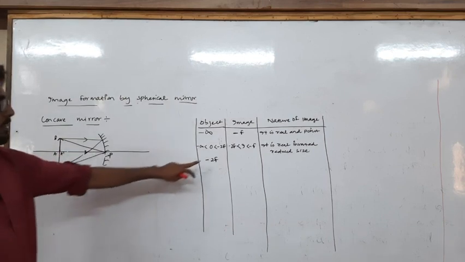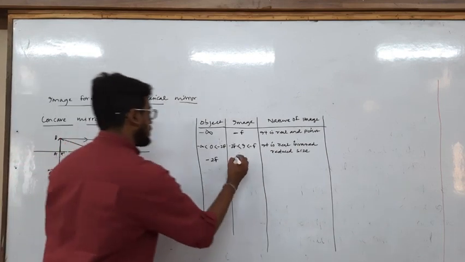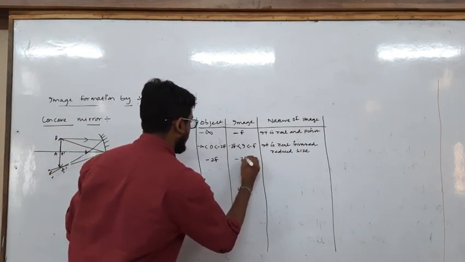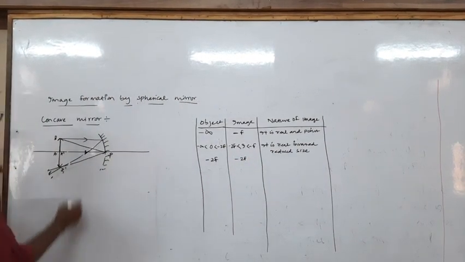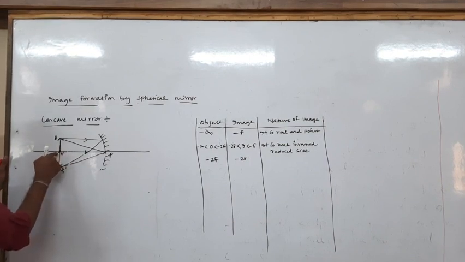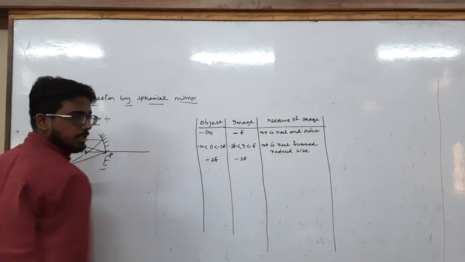So if the object is at the center of curvature, the image will also be at the center of curvature, minus 2F. Okay, so if the object is at C, then the image is also at C.